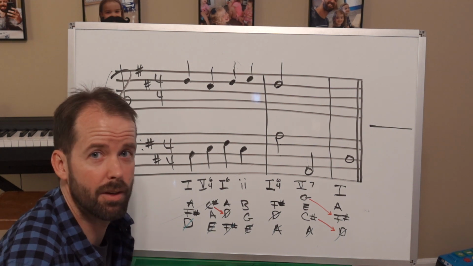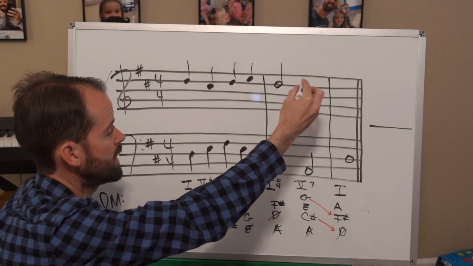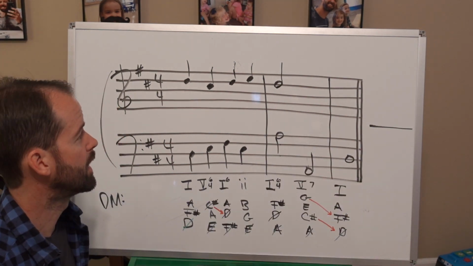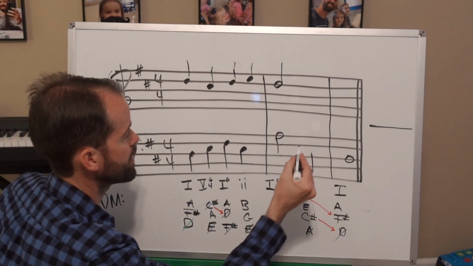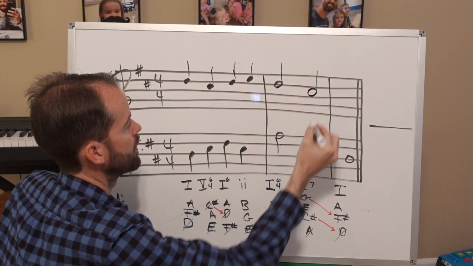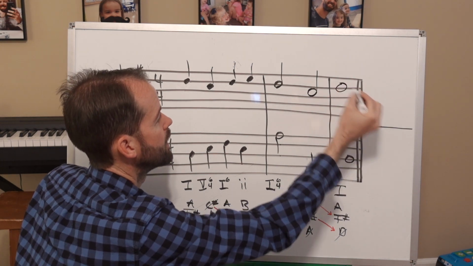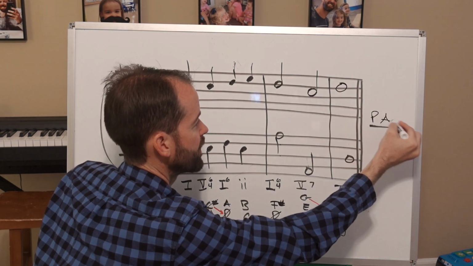I like ending on 7-1 with the soprano. You certainly could go E and then back down to the D. But even though it's similar motion, I'm going to write the C sharp just because I like what that does. C sharp leads you to D. What that does is it creates a perfect authentic cadence.